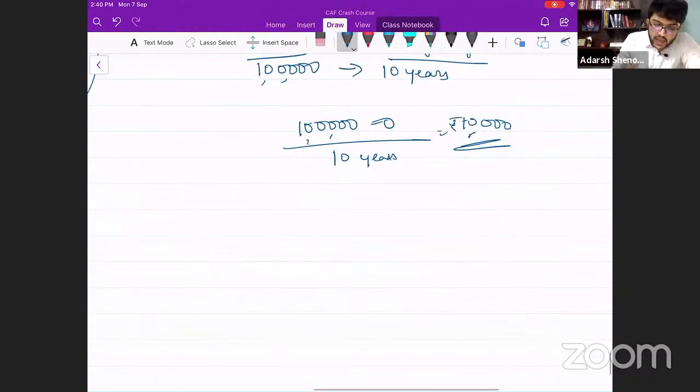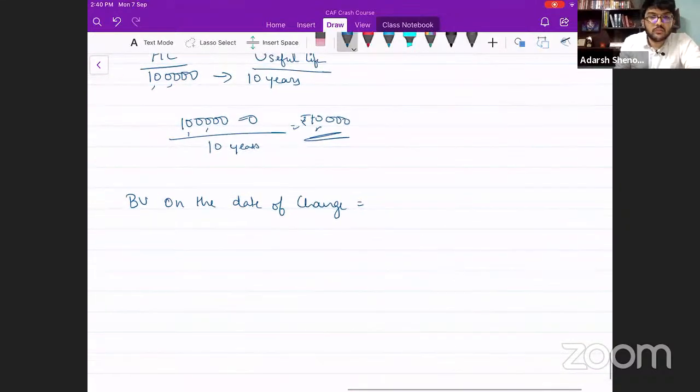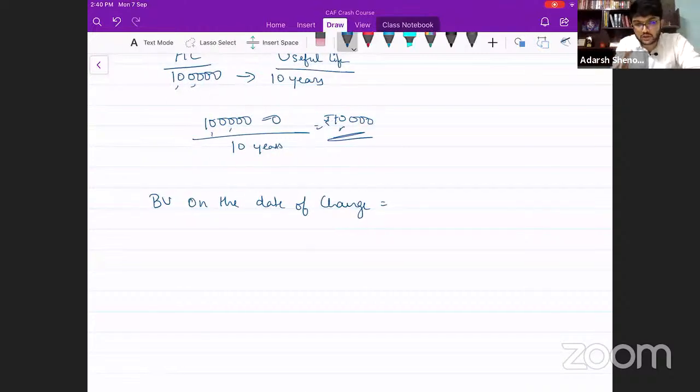When did you take that decision? After charging depreciation for how many years? 5 years. So what was the book value of the asset on the date of change? Sir, what is book value? The cost minus depreciation charged till date. The cost was 1 lakh minus I was charging depreciation every year.